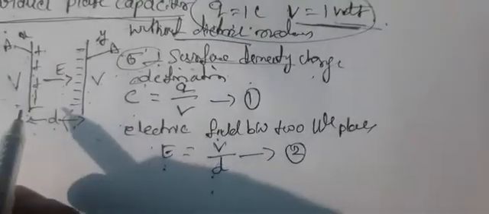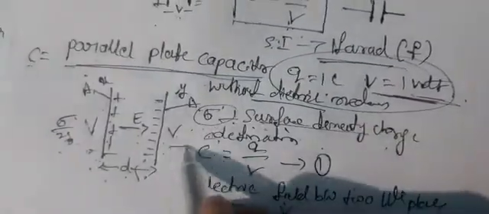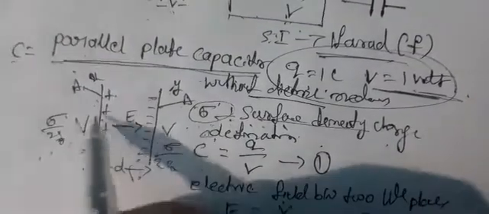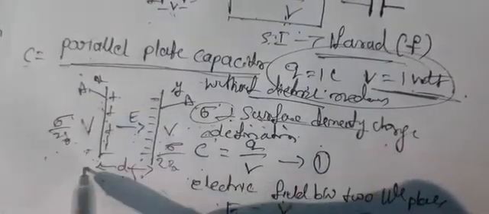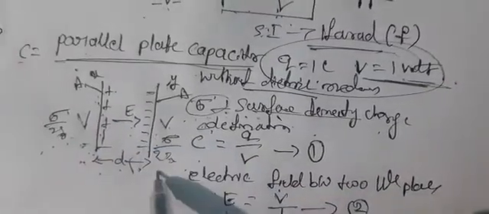The electric field due to each metal plate is given by sigma by 2 epsilon naught. What is the total electric field?